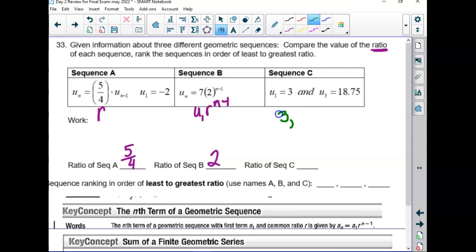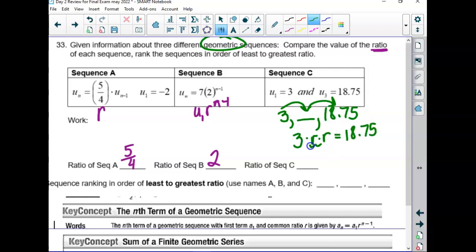It says term 1, term 2, term 3. What do we have to remember here? That you're doing something 2 times, and is it adding or multiplying? Said these were all geometric. So it's 3 times R again, gave them 18.75.